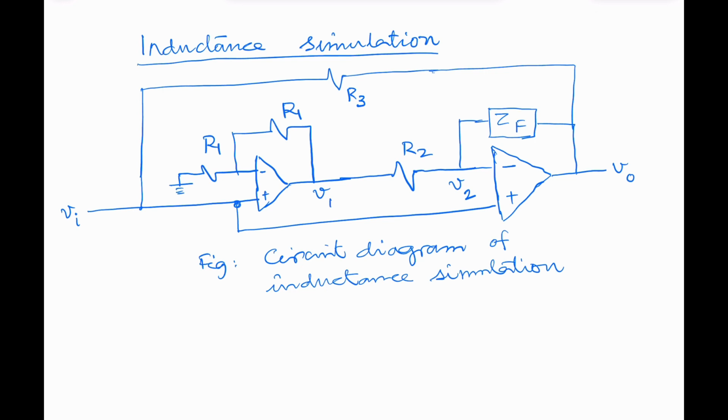Now you see here, this part is nothing but a non-inverting amplifier. You have seen that the gain of a non-inverting amplifier is 1 plus Rf by R. So the gain for this will be equal to 1 plus Rf by R1. The output is V1.